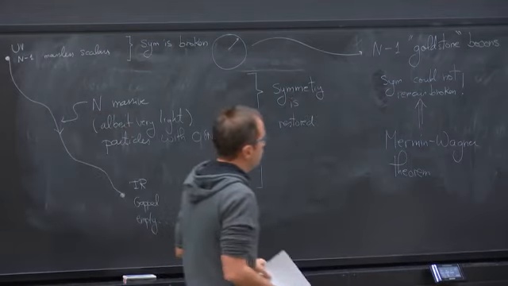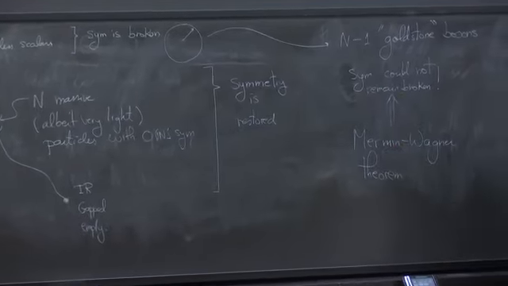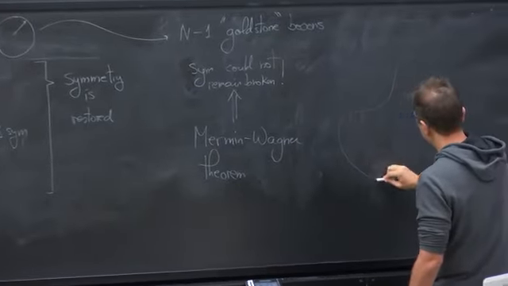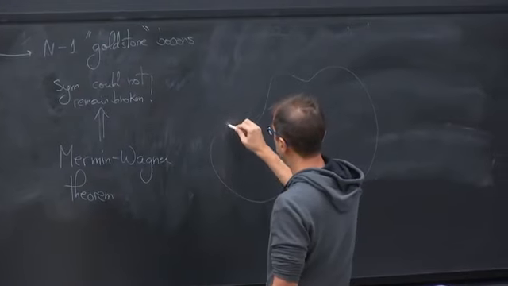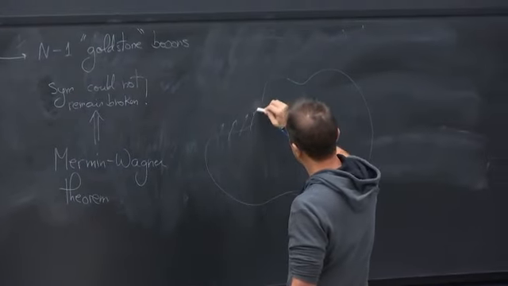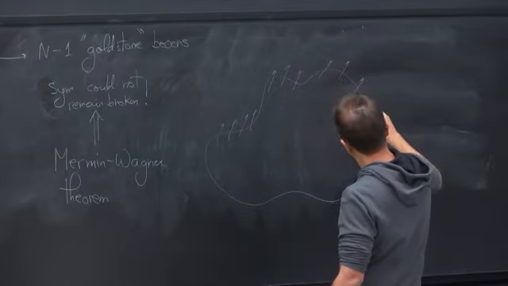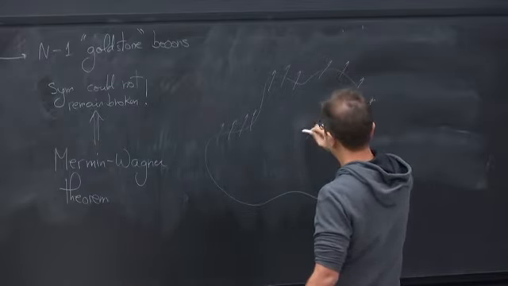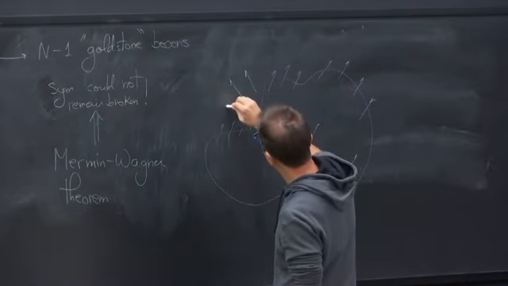This theorem tells us that you cannot have long-range order in 2 dimensions. So the following in 2 dimensions cannot happen. You cannot have a piece of material of this O(N) magnet where all spins are pointing in some favorite direction, and then outside, they are pointing in some other direction.